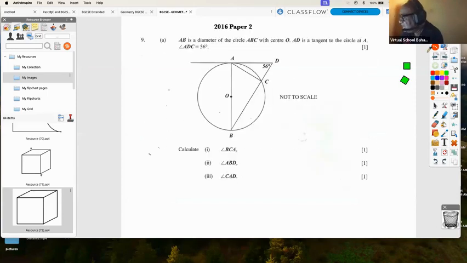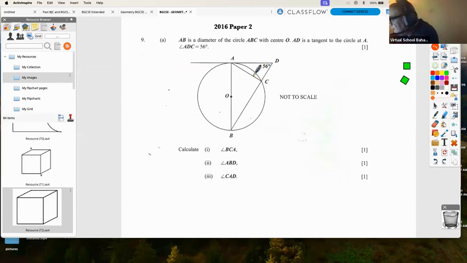Look at this one. This is a circle theorem question from the 2016 paper. Answer those three questions. They're simple. So go ahead and see what you will do. They want angle BCA.